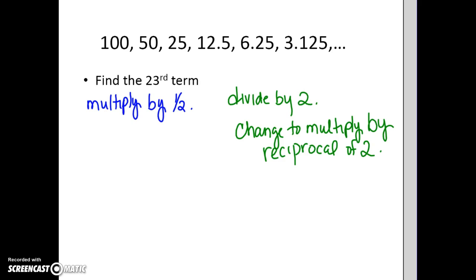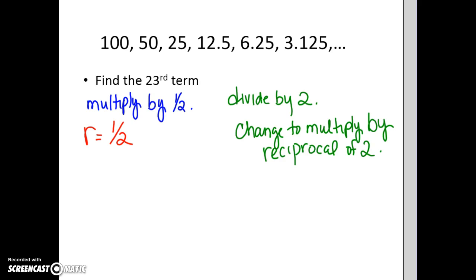We really need our common ratio to be 1/2. It should be the number we are multiplying by. So my 1/2 is my R. That's my common ratio. That is the number I multiply 100 by to get 50, and the number I multiply 50 by to get 25, and so forth.